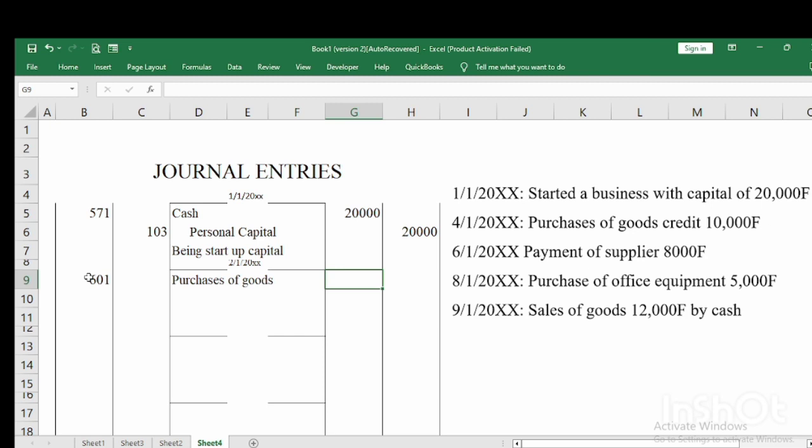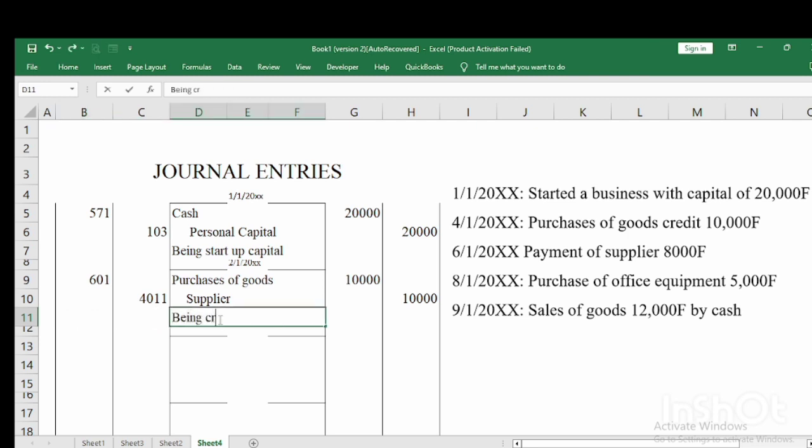We'll put the amount 10k to the credit of account 411, which is our supplier, 10k. So we are owing the supplier. Being credit purchases.